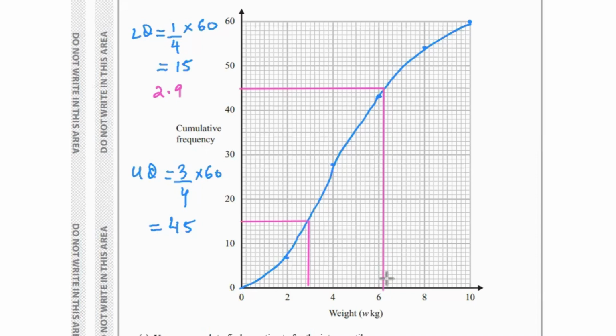That is 6.2. The interquartile range, we subtract the upper quartile and lower quartile, and that gives us 3.3. That is my interquartile range.